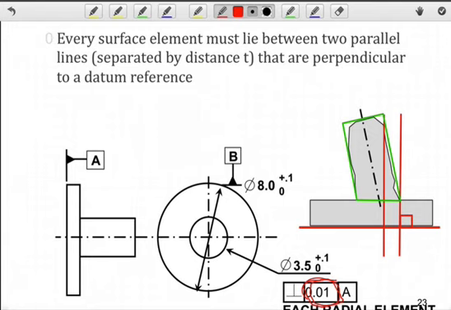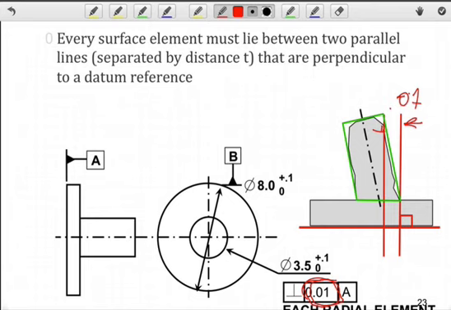So we've got 0.01, that would be the separation between these two lines. And when we travel around this cylindrical feature, each time we move those two parallel lines, it's independent, just like we did with straightness.